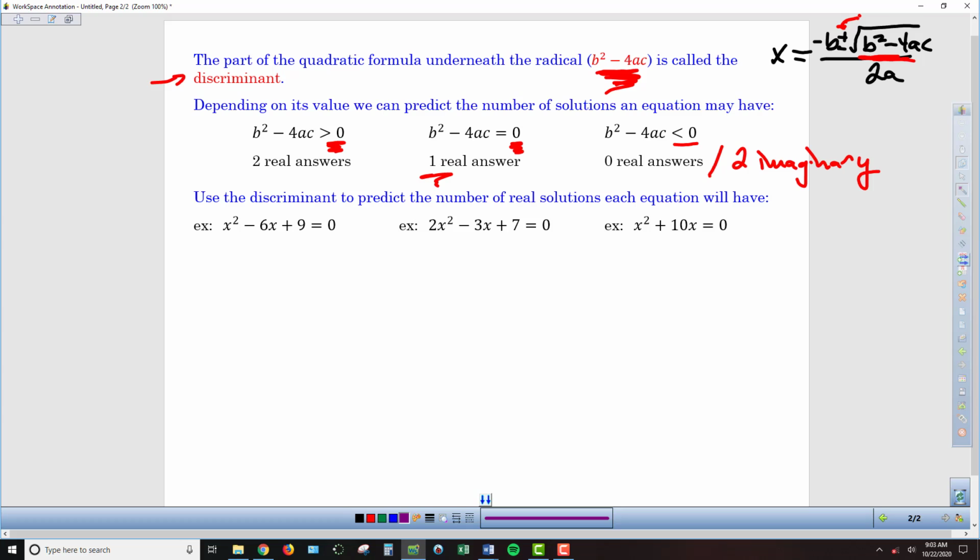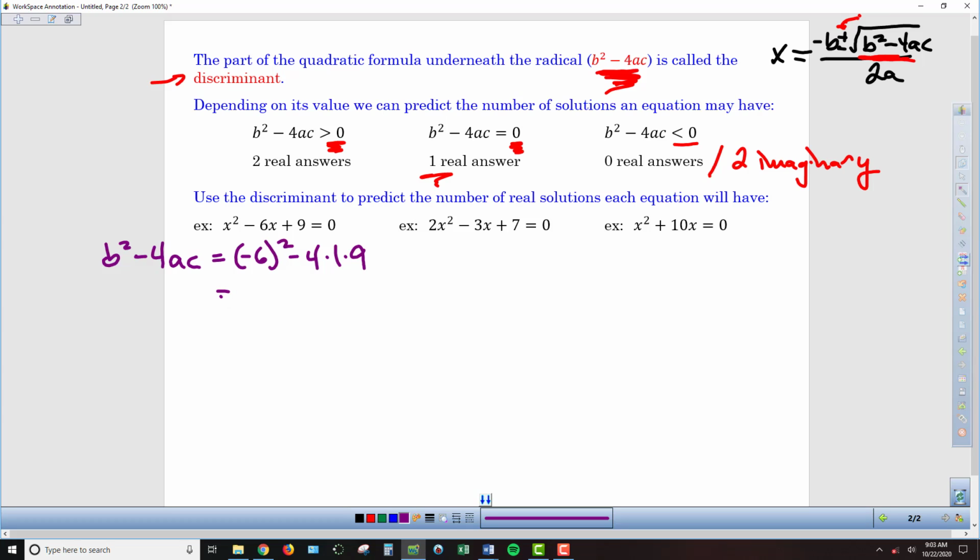So for the first one here, it's written in standard form where everything is piled up on one side. So I can go ahead and work on b squared minus 4ac for this one. b in this case is negative 6. So I've got negative 6 squared minus 4 times 1 times 9.